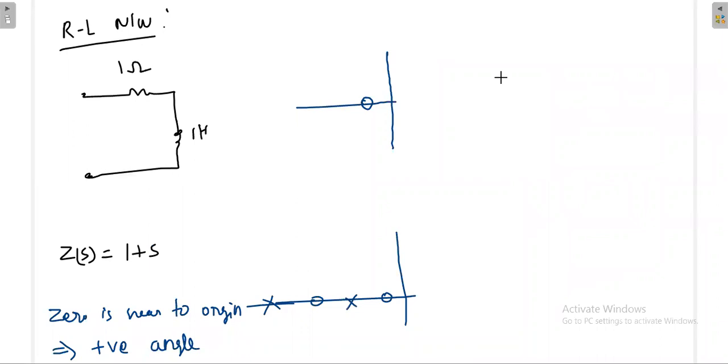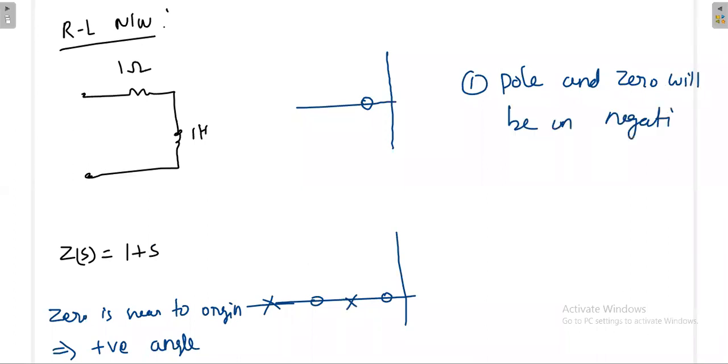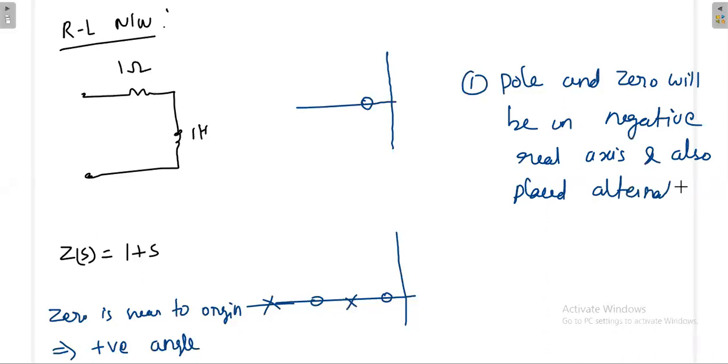So what is the conclusion? When you have a RL network, pole and 0 will be on negative real axis and also placed alternatively, but 0 is near to the origin.